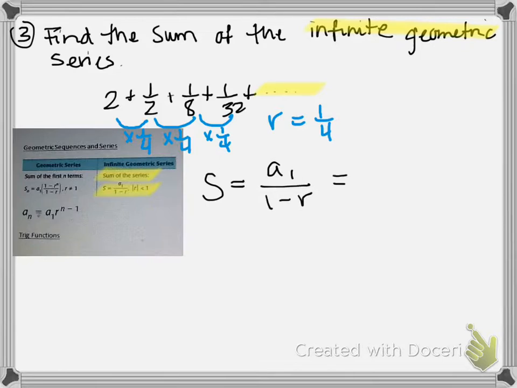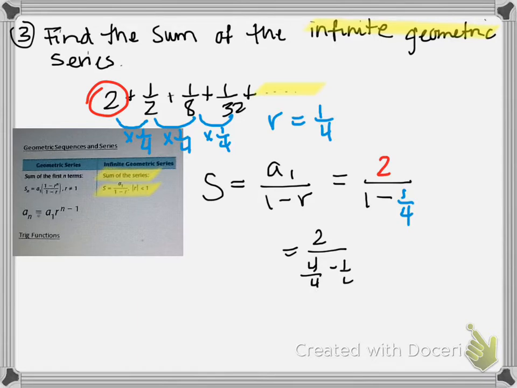So I'm going to use this formula. A sub 1, that's my first term. Check it out, it's 2. So I get 2 over 1 minus my constant ratio, which is 1/4. 1 minus 1/4. Well, I could think of that as 4/4 minus 1/4.